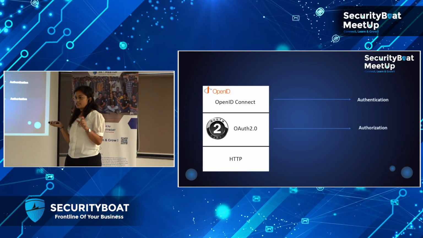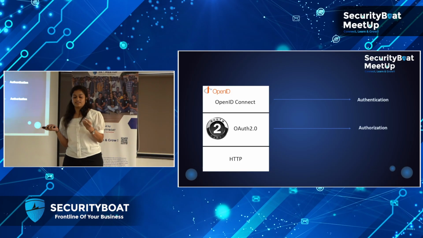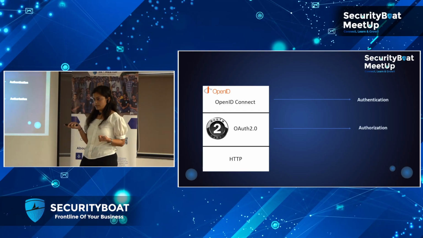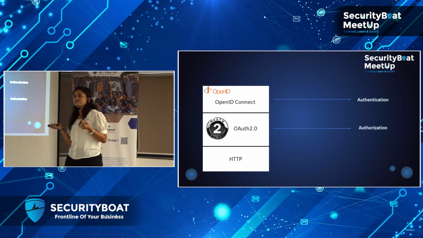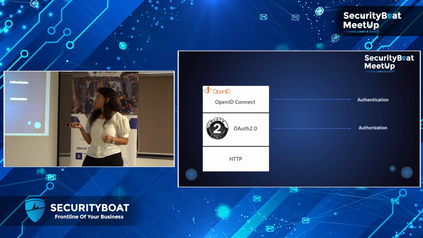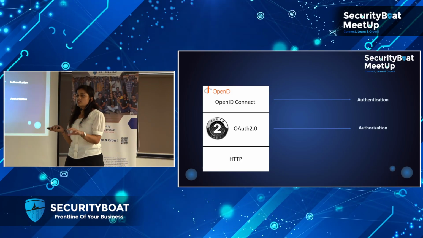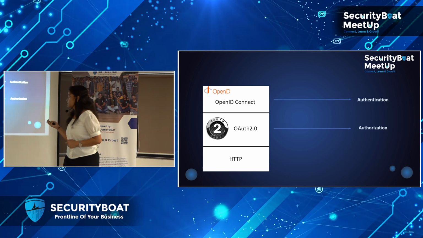It will give you an ID token that contains your name, email ID, phone number as your identity. And in OAuth 2.0, it will generate the access token that contains what kind of access you have, what particular permission you have on that application. So this is the basic diagram.